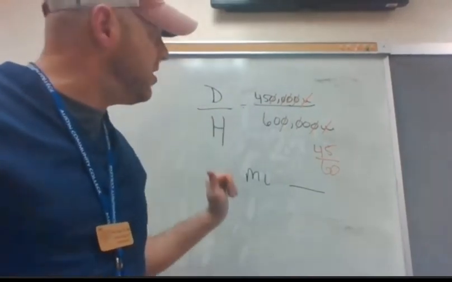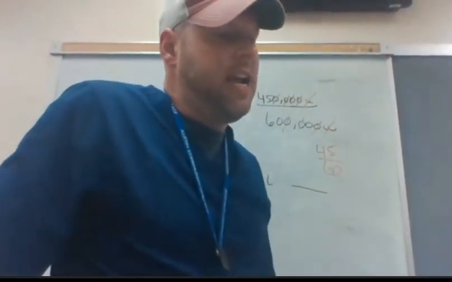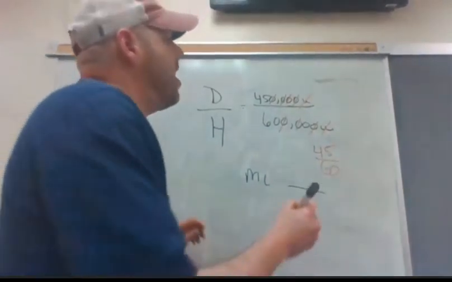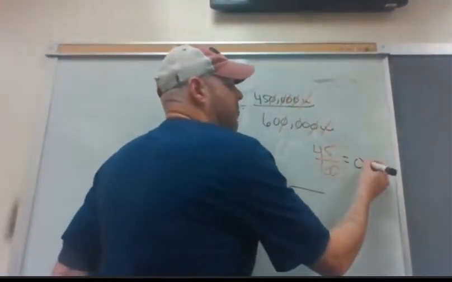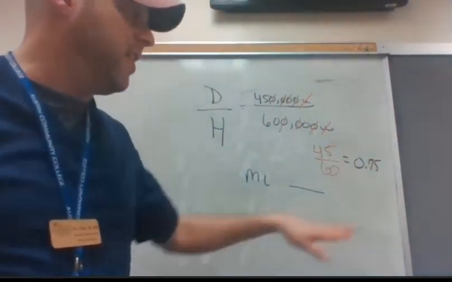Now, what is 450,000 divided by 600,000? We know on your calculator it will be 0.75.